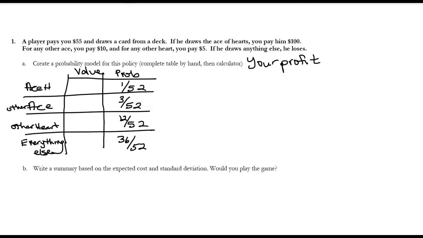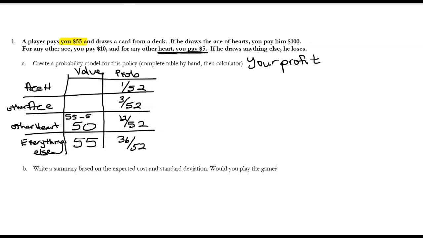And now we have to think about the value. You are getting paid $55 for a game. The easiest place to start is down here. Everything else: these people lose their money, they don't get anything, so you get a profit of $55. Now for a heart, you pay $5. They originally gave you $55, but you're giving them $5, so your profit is only $50.